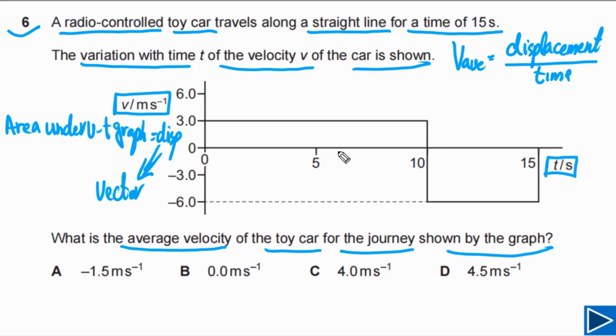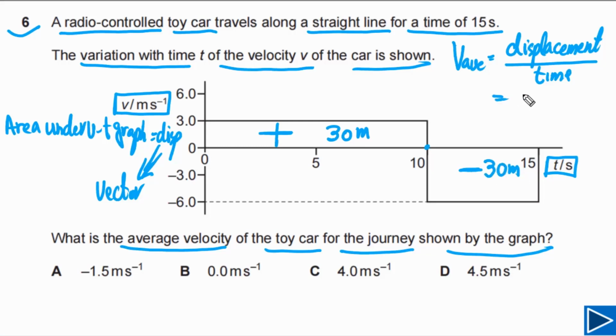If you look at this area from T0 to T10, this area is positive, so it means displacement is positive. This area is equal to 30 meters, that means 3 times 10. If you look at this other area, it is negative, and in this case we have 6 times 5, so this is equal to negative 30 meters.